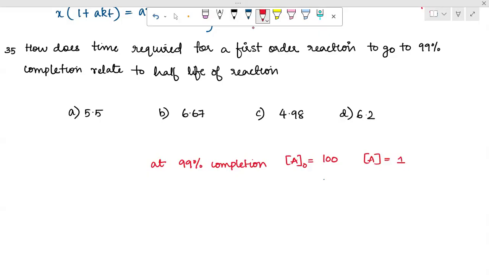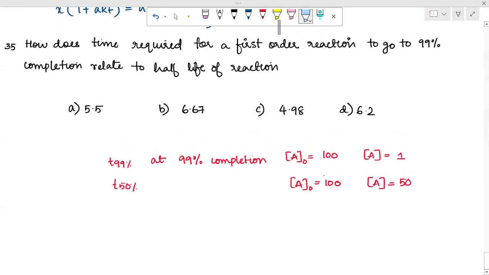Correct? So let's say that this is t99. Now we have to relate it to t50. Already you know that at t50, let's say your initial concentration is 100, your final concentration is going to be 50. You already know that. So you need to find the relation between t99 and t50.